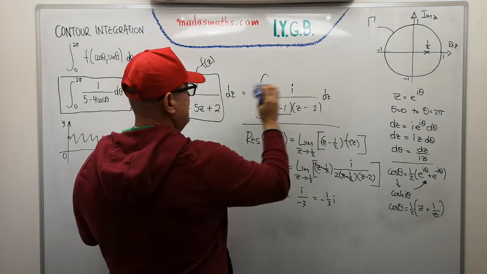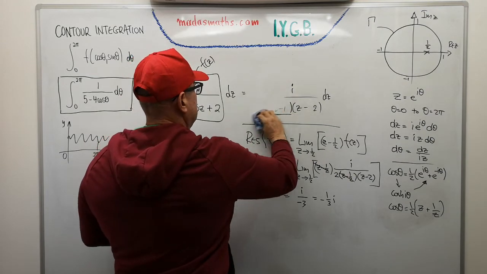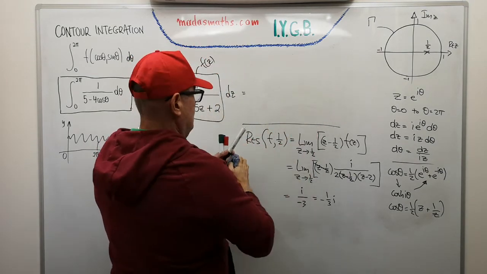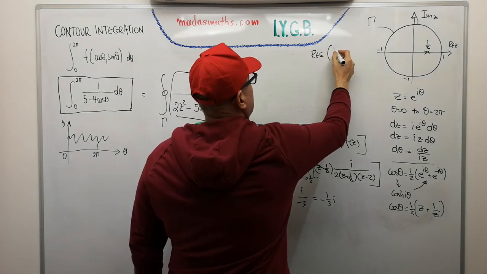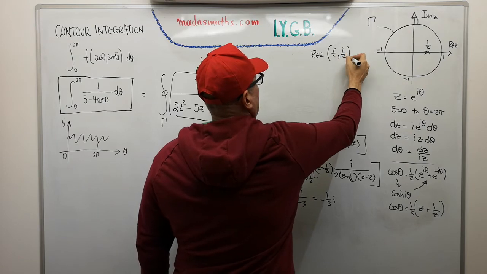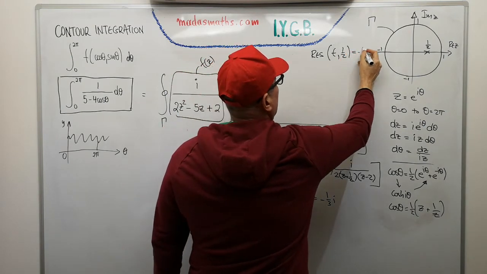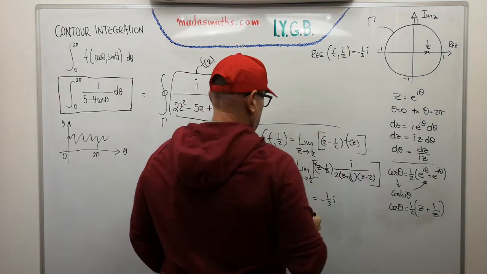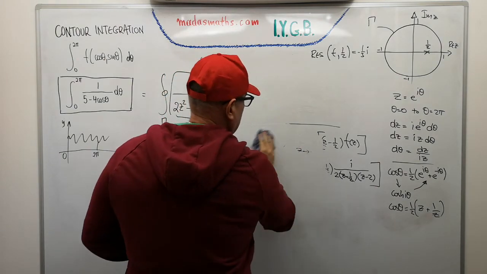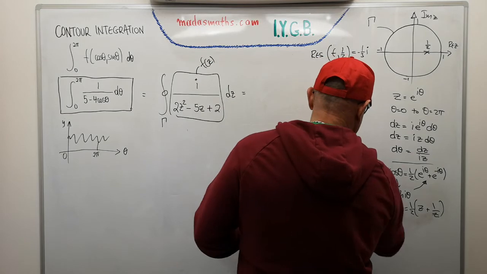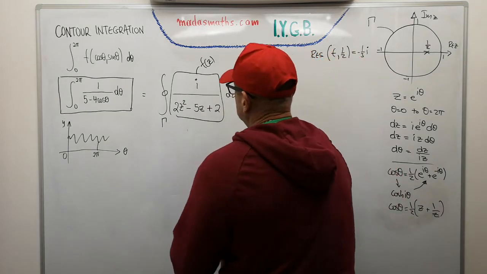And I'm going to write up here somewhere that the residue of my f at the half is minus 1/3 i. And clear the board, and we're nearly done. We found the value for this integral practically in this particular case. Very simple, as I told you.